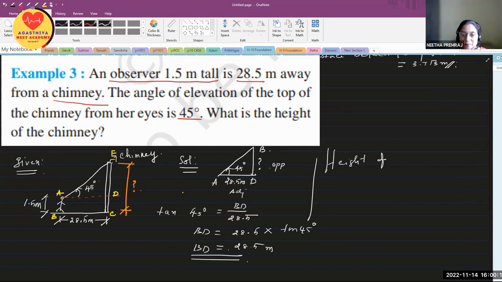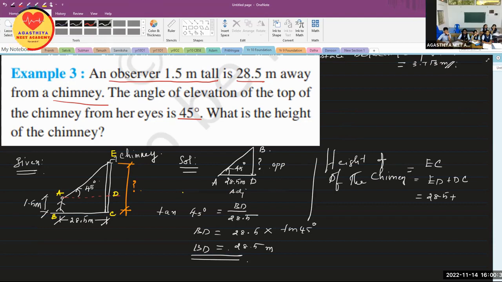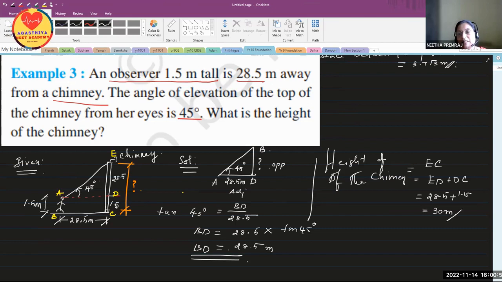Very good, superb. Height of the chimney is equal to EC, that is ED plus DC. ED is equal to 28.5 and DC is equal to 1.5, isn't it? So this measure is also matching. If you add, it is 30 meters, that's it. Okay, guys, make a note of it.